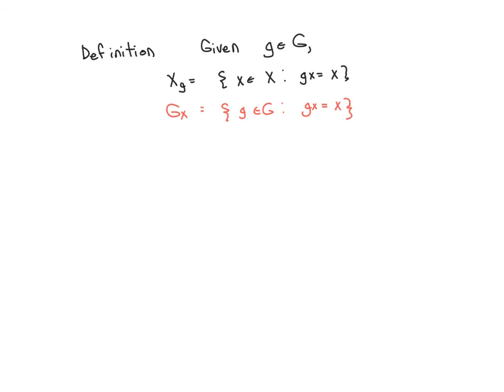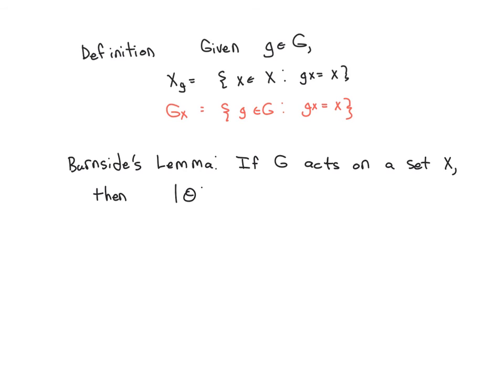And one reason why this is considered important is Burnside's lemma, which is actually not originally due to Burnside. It's a long, complicated story. If G acts on a set X, then the number of orbits is given by 1 over the order of the group times the summation over every element g in the group of the number of fixed points.